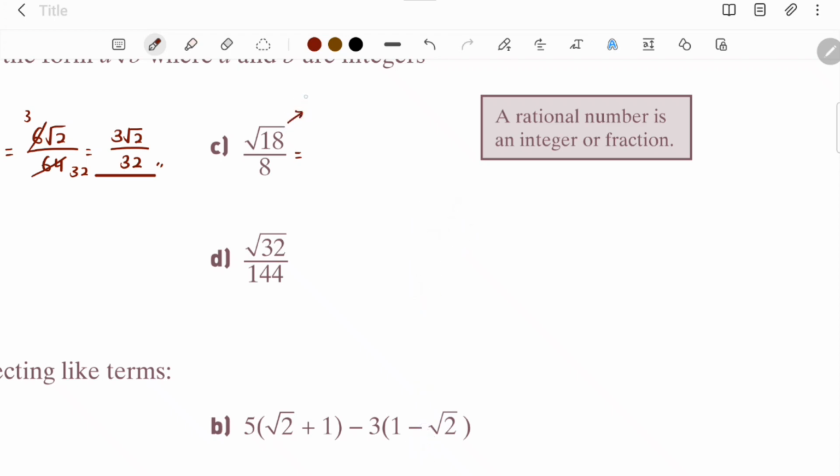We know that 18, if we try to get the smallest number as possible for the square root, the other one should be 9, because 9 times 2 you get 18. So Surd 9 times Surd 2 over 8, and then Surd 9 is actually 3. Surd 2 over 8. This one would be our final answer.